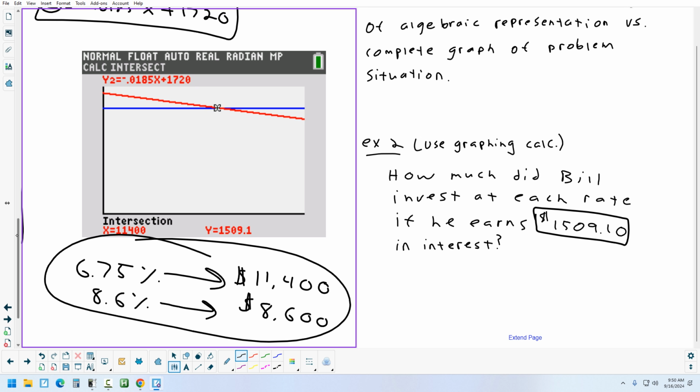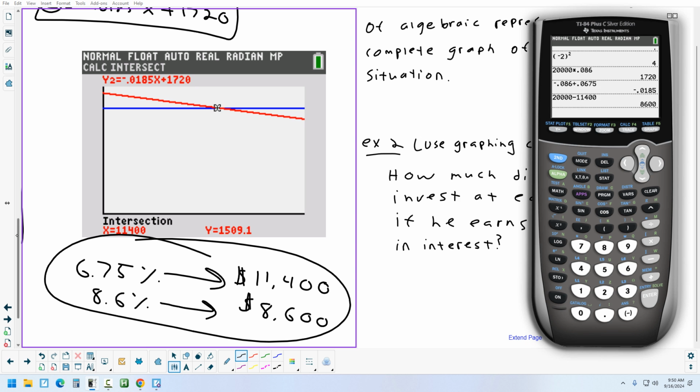And for Y1, you put in 1509.1. All right, let me take a look at it and see. But if you plug in those, you should get the 11,400. Any other questions on that?